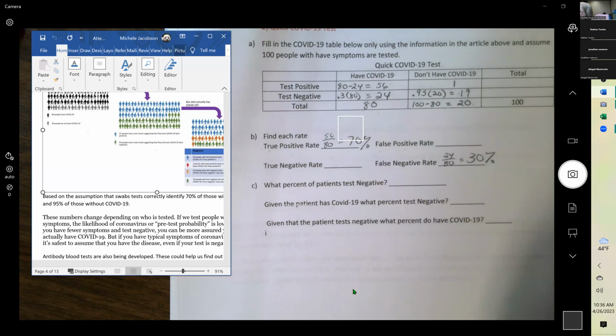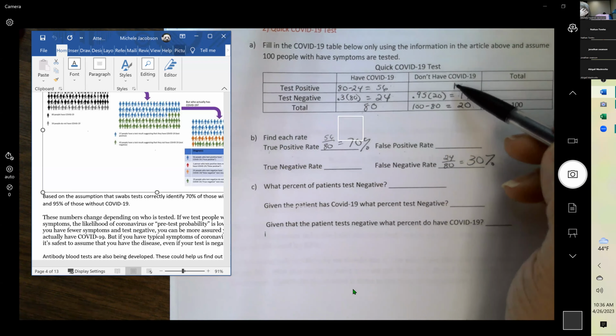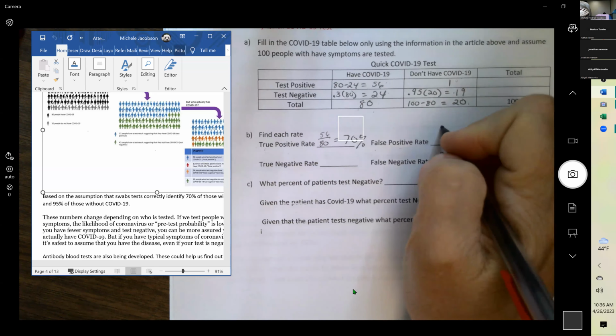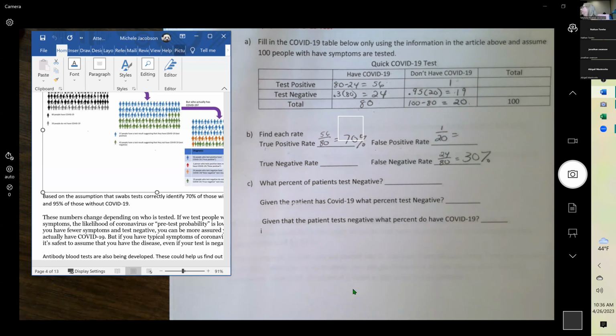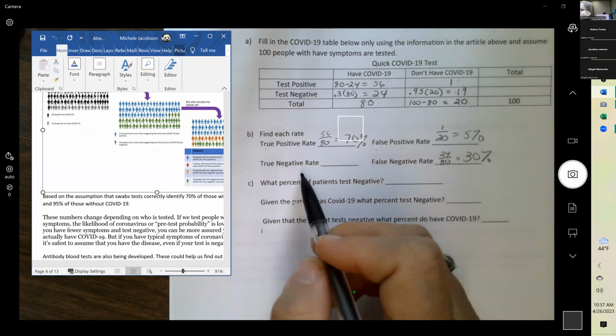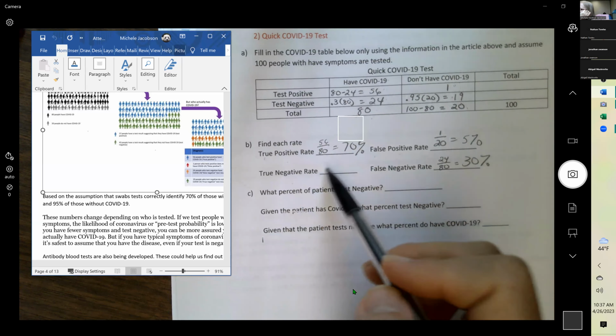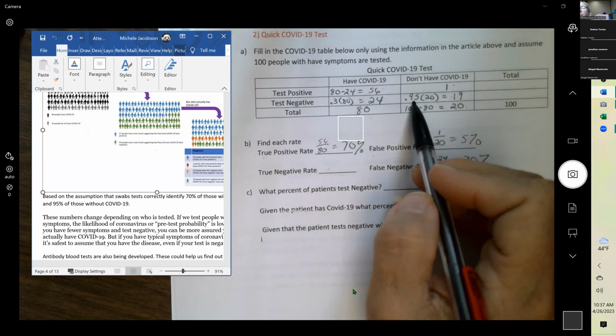False positive rate. That's this one, because they tested positive, but it was wrong. And true negative, these two need to add up to 100, so this would be 95%, which it was given.